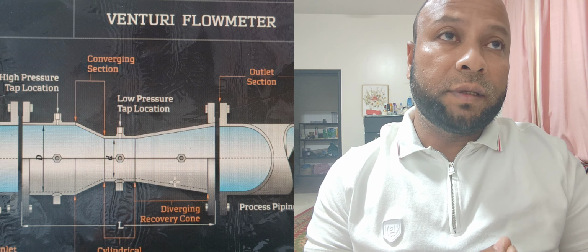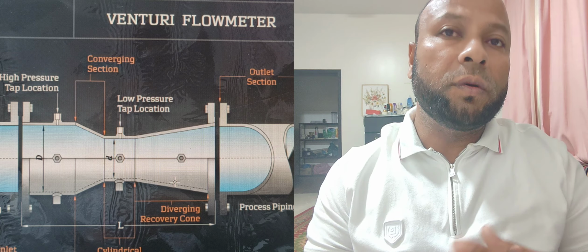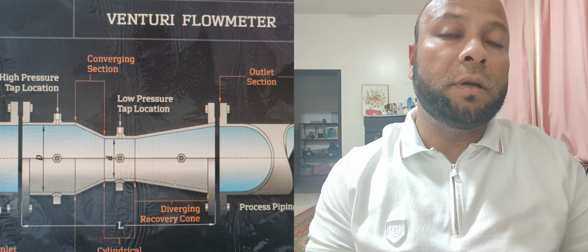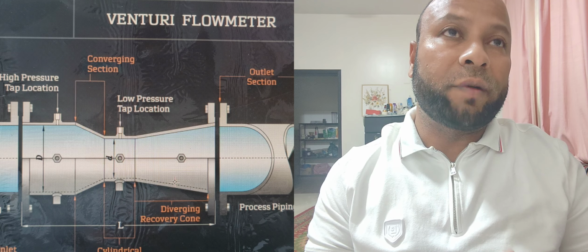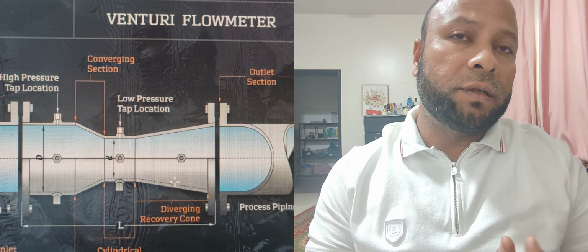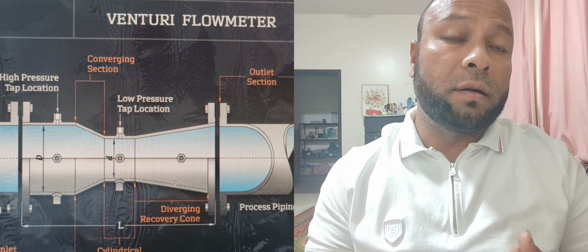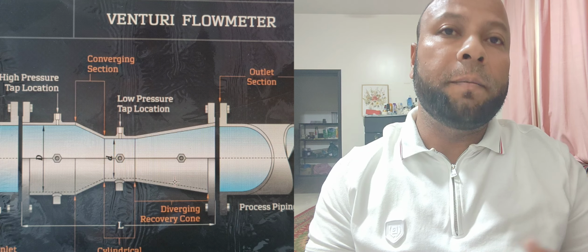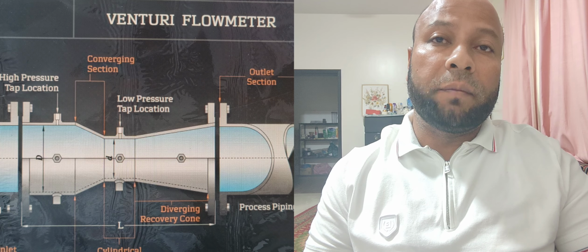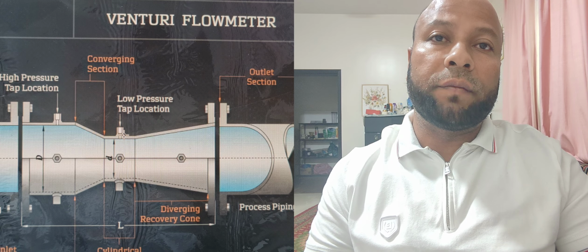We have this system for the Venturi flow. We have installed two flow transmitters for the crack gas compressor, which has a discharge flow with a large piping diameter, and it's the Venturi type, as you can see in the picture. This is the high tapping, and here is the low tapping.